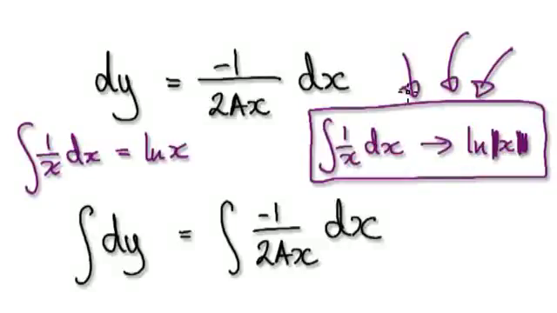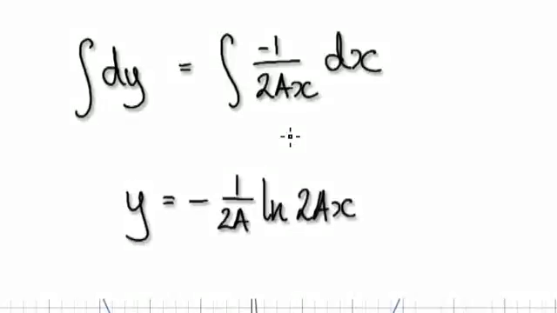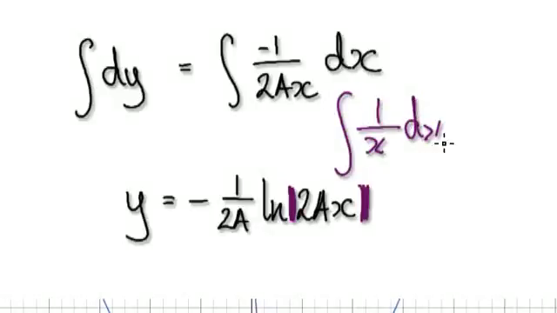If you integrate 1 over x, it will give you the absolute value. You do need the abs here.